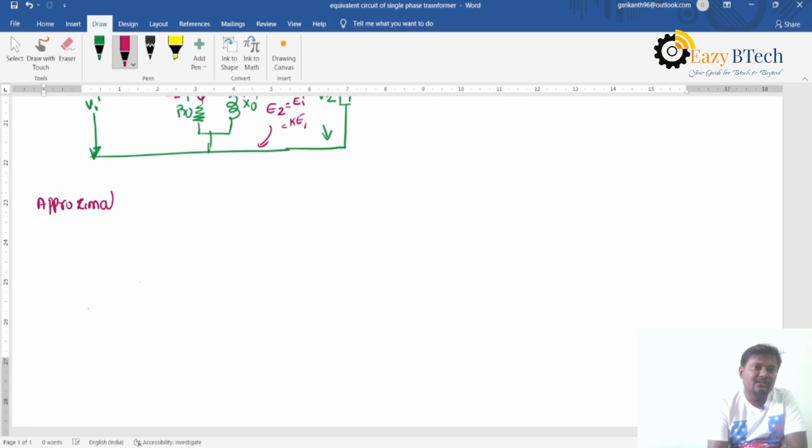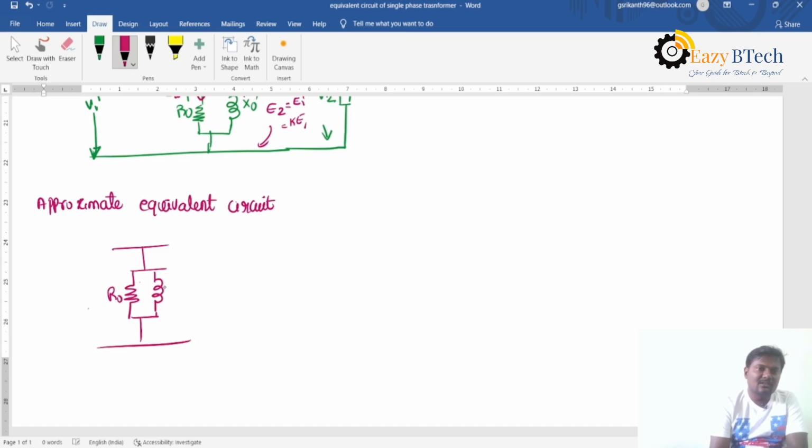Approximate equivalent circuit. The no load branch is shifted to left side, that is nearer to the supply or across supply.